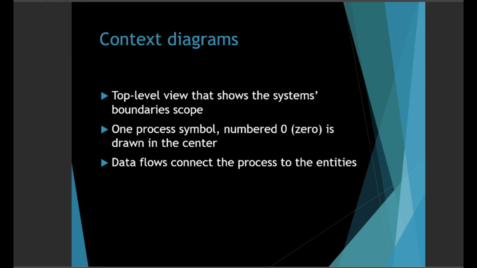It only has one process symbol. So if you see a data flow diagram that has only one process symbol, that means it is a context diagram, and you can see the process has the number 0 drawn in the center if you are using Gane and Sarson, and at the top of the circle if you are using Yourdon.